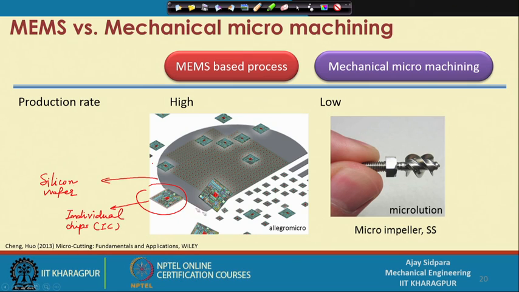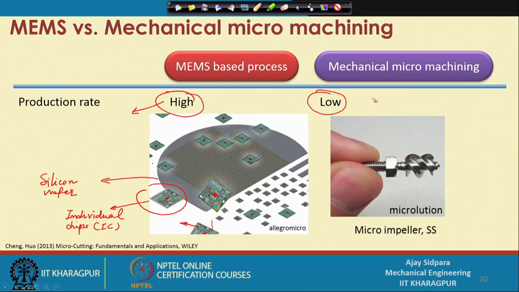Whatever the diameter of this silicon wafer, you can create many chips simultaneously, because you do not need to do a single operation. Once all chips are ready, you can cut these chips separately and use each chip for a separate processor. So, here the production rate is extremely high, and this is the reason that our mobile phones and electronics items are getting more powerful day by day and the cost is very, very low, because this is mass production.